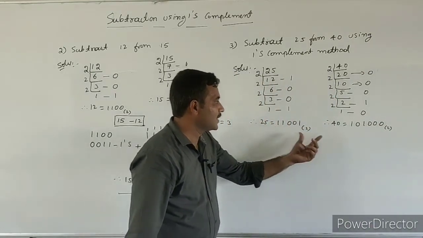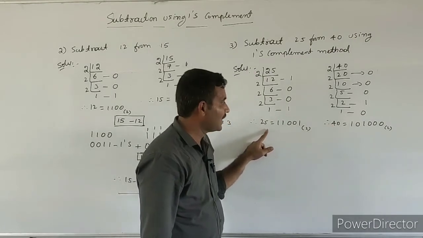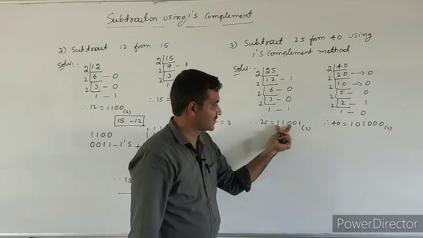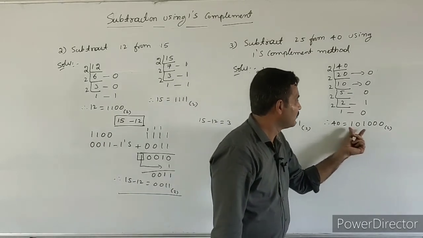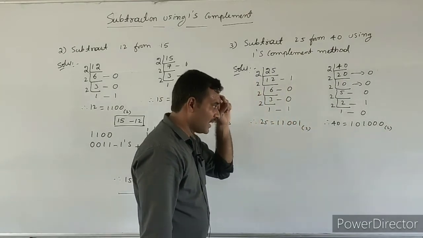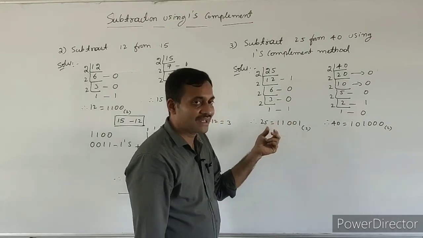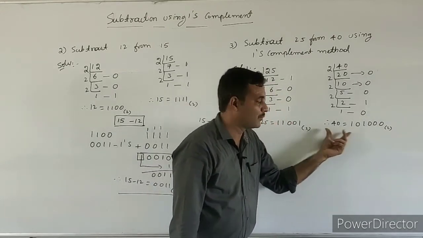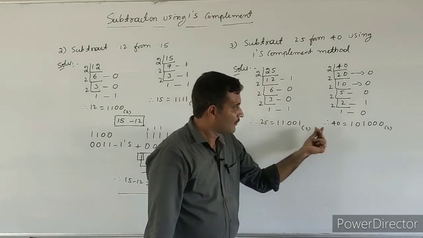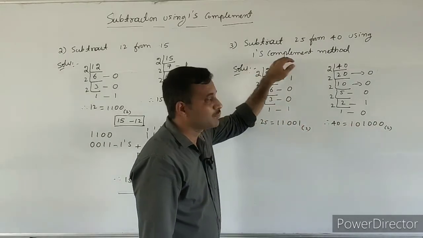Here, see the number of bits. 25 is the subtrahend, 40 is the minuend. The subtrahend has 5 bits, but the minuend has 6 bits. In this case, add 0 to the more significant side of the subtrahend, so both have an equal number of bits before applying the ones complement method.